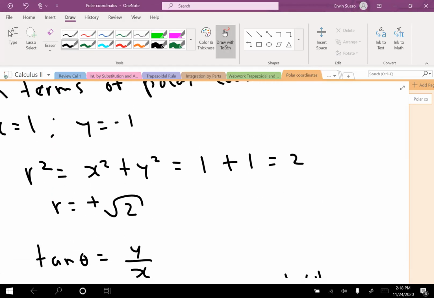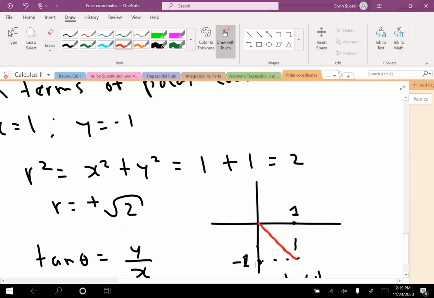So let's place the point. X is 1 and y is -1. So my point is (1, -1).